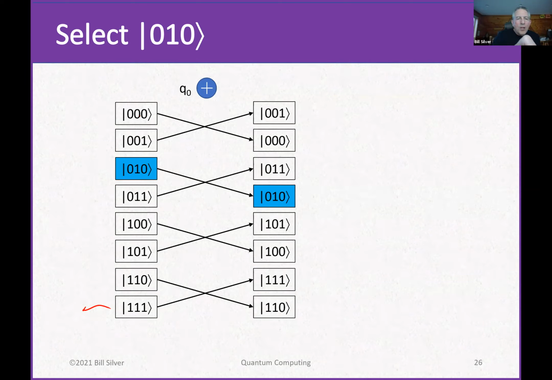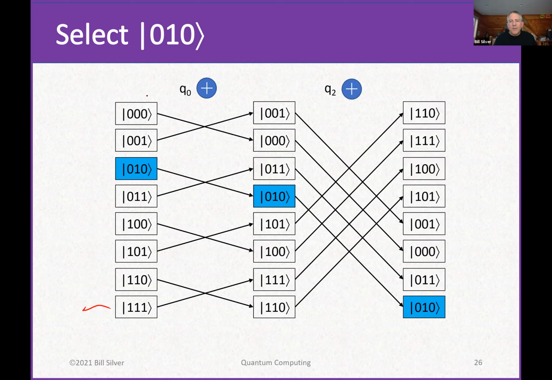All of qubit 0, which is the least significant or rightmost bit, are all just flipped. And if I now put a NOT gate on Q2, then bit 2s are all flipped like this.